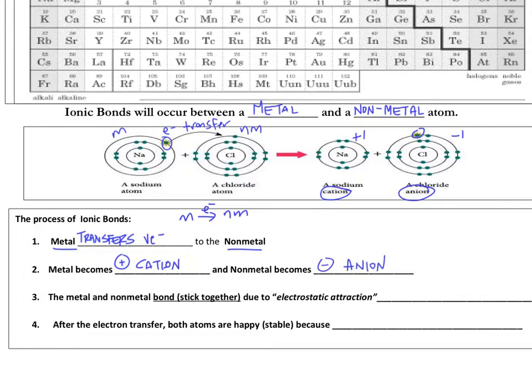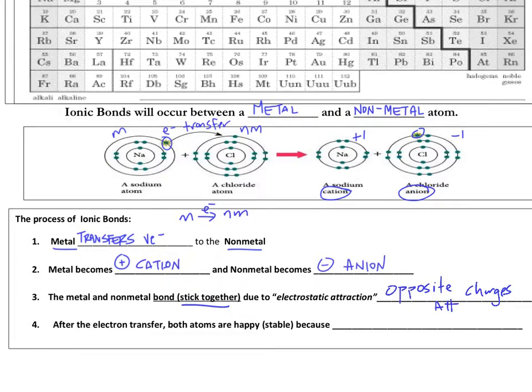So the metal and the nonmetal bond. In other words, they stick together. There's an electrostatic attraction between those two elements, between those two atoms. Remember that opposites attract.